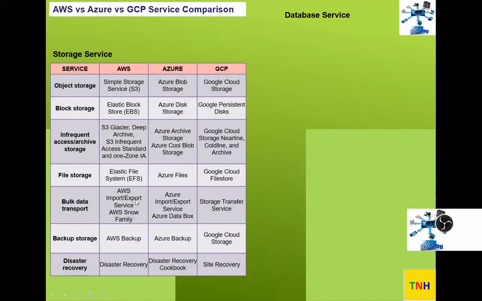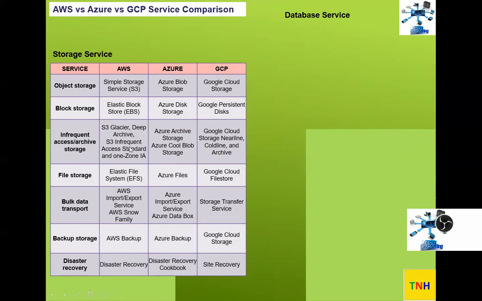For each category, they have different offerings. For example, in AWS for infrequent and archive, they have S3 Glacier and S3 Deep Archive. For infrequent access, they have S3 Infrequent Access Standard.